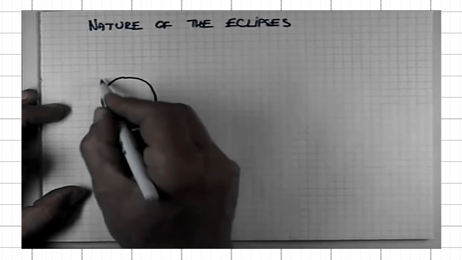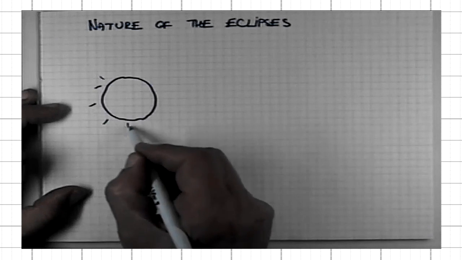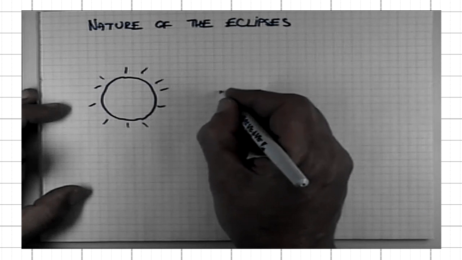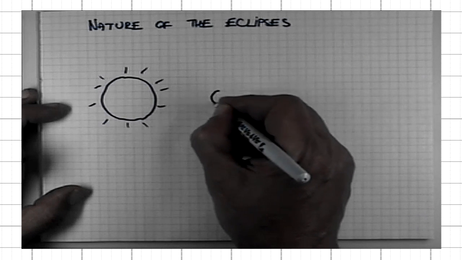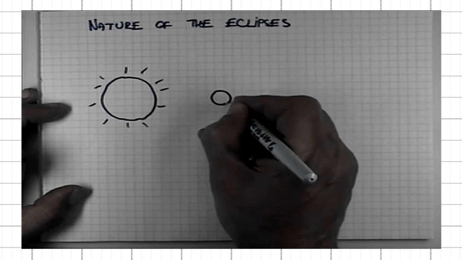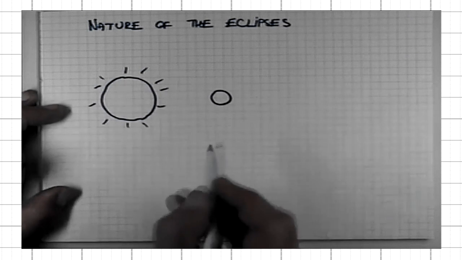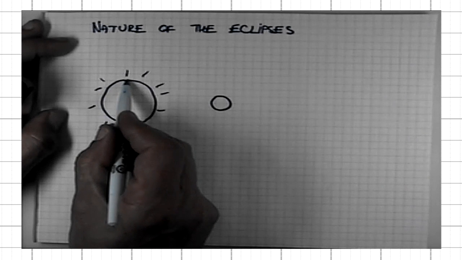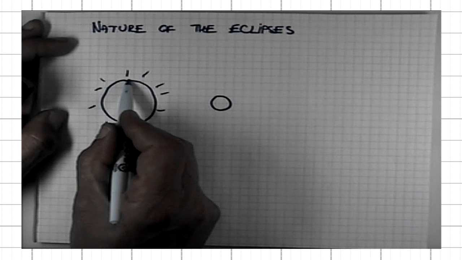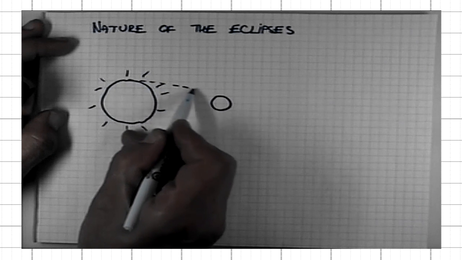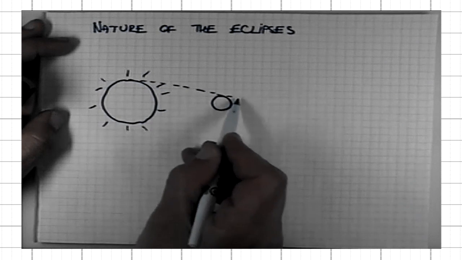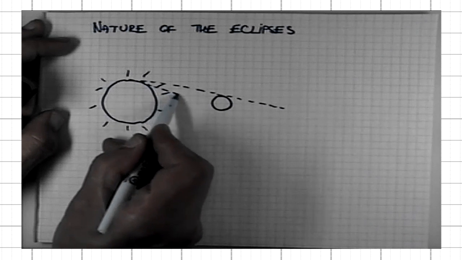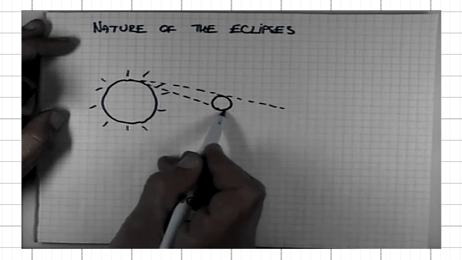Okay, so here is the light source, say the sun. And here is the body casting the shadow, say our moon. So then I start from the top edge of the sun, and I trace the two rays that graze the top and the bottom part of the moon.